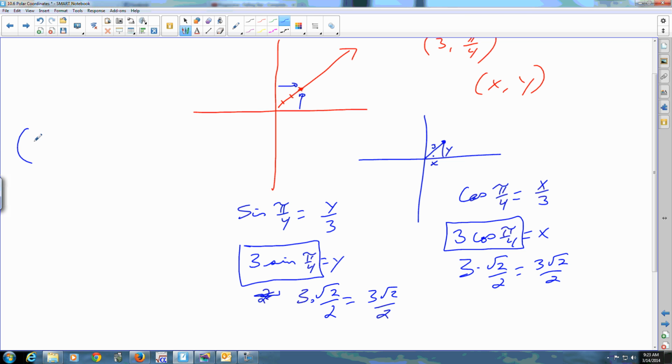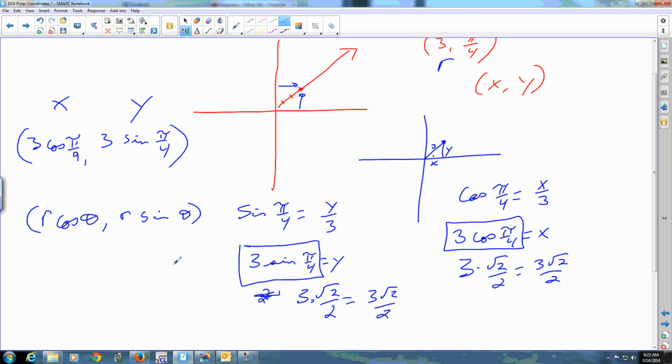So the coordinate is 3 cosine of the angle, pi over 4, 3 sine of the angle. So that's your x, that's your y. Generically, what that's telling you is it's your radius, the r coordinate, cosine of whatever the angle is, radius sine of whatever the angle is.